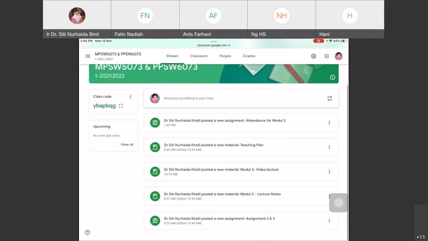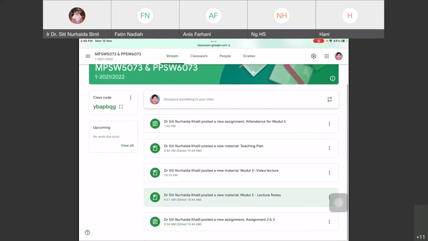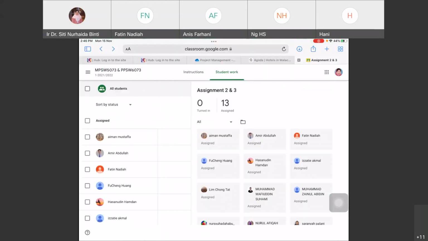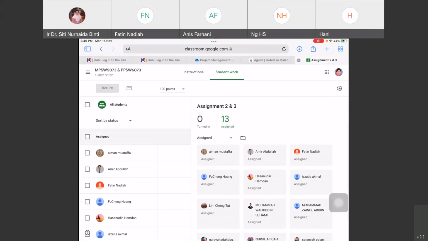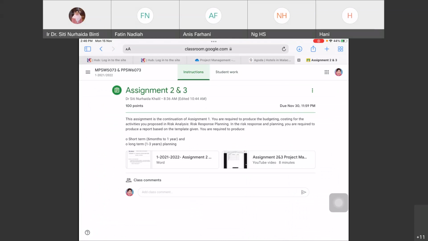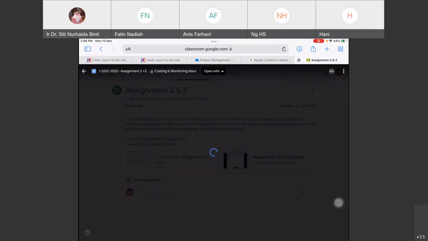And then there will be assignments 2 and 3 combined together. Why do we combine them? Because it includes monitoring. So this is your assignment 2 and 3 combined together.